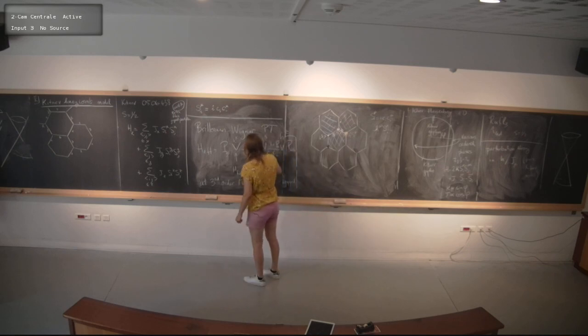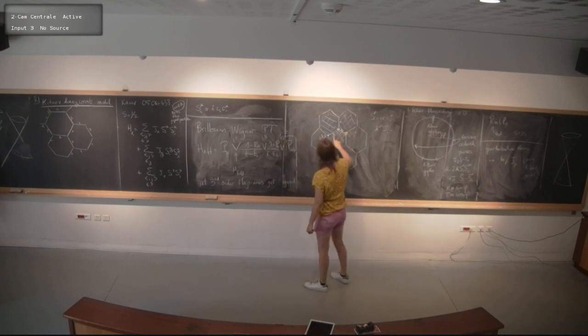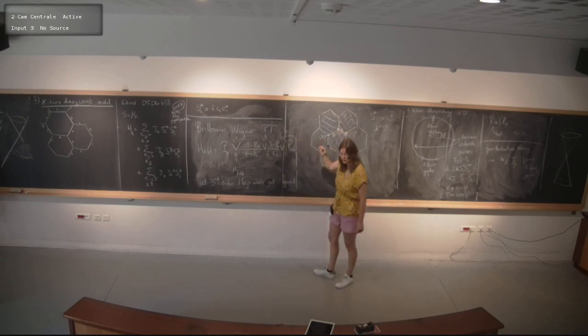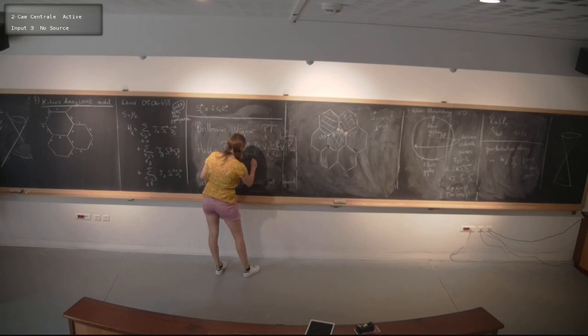And then over here, the excitations that we've created, the energy of the flipped plaquettes, is of order the Kitaev term. So this is of order J, or J Kitaev, which is Jx, Jy, Jz.